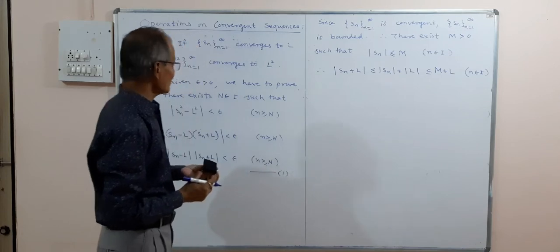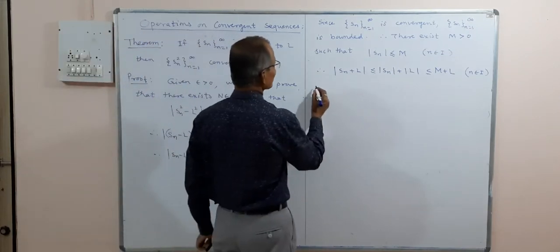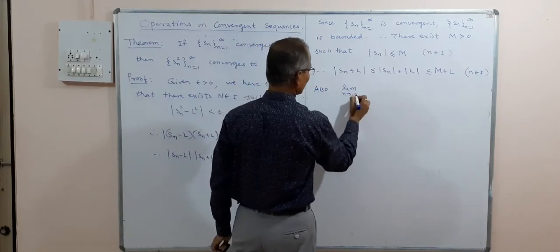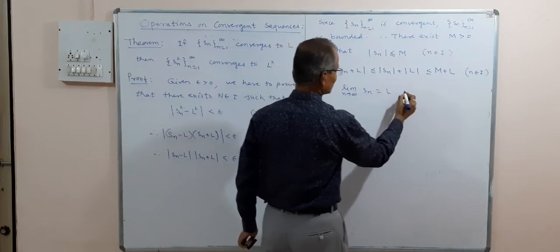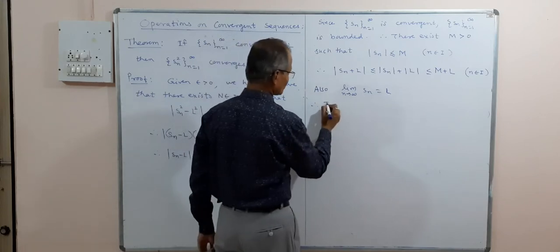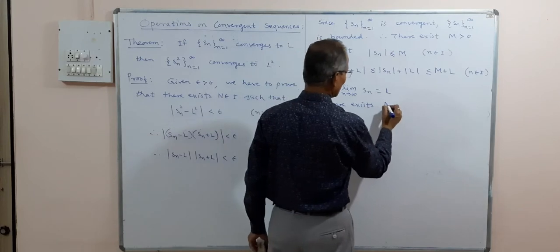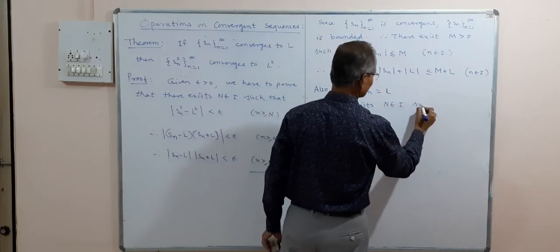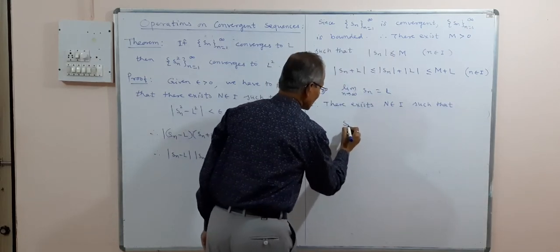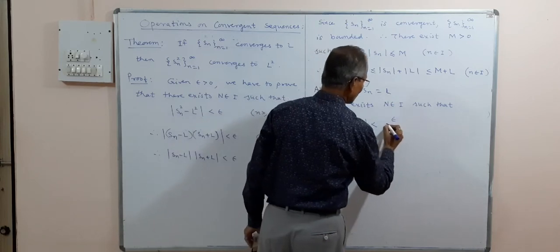And now again, Sn converges to L. So we use this, since limit n tends to infinity of Sn is equal to L. This is given. So therefore there exists N belongs to I such that this absolute difference, Sn minus L, is less than epsilon divided by.